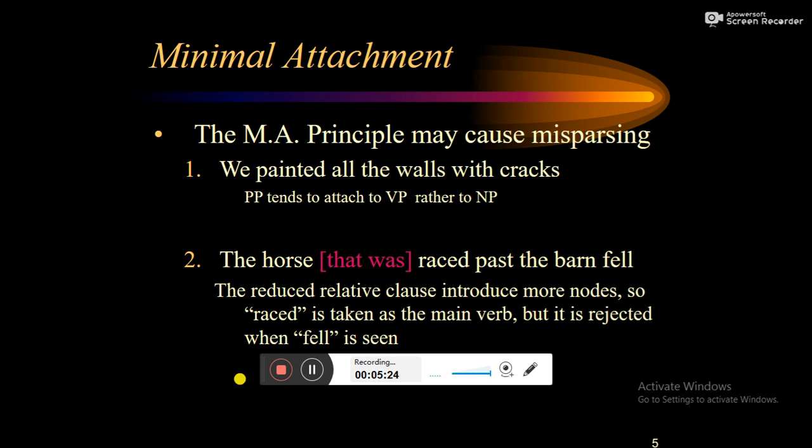If we take into consideration this sentence, which has a reasonable interpretation corresponding to the meaning of the sentence, in the initial sentence, however, creating a reduced relative clause when the word raced is encountered introduces many more nodes than the simple analysis where raced is the main verb of the sentence. So for that, you need to take into consideration another principle as well.